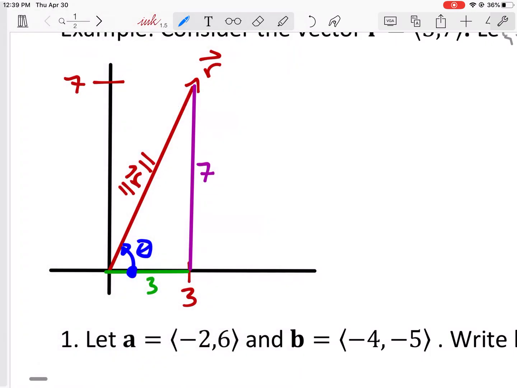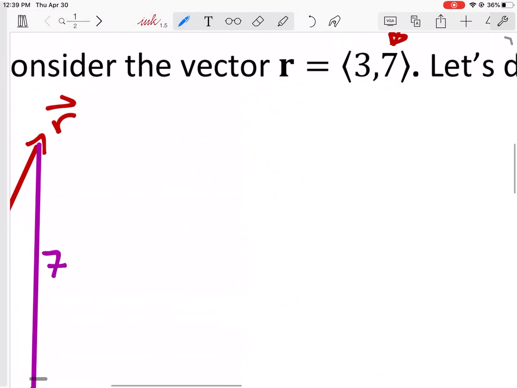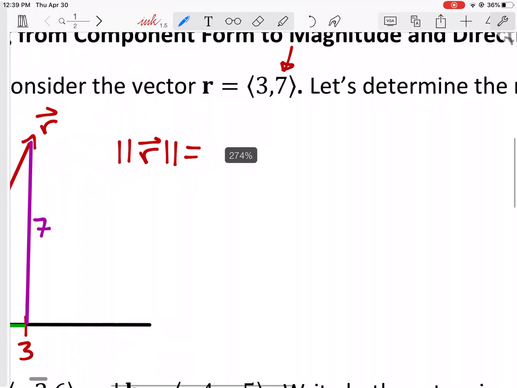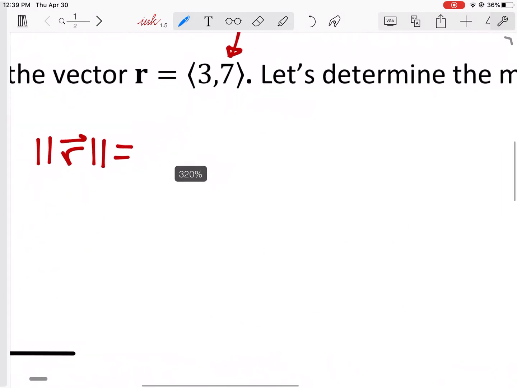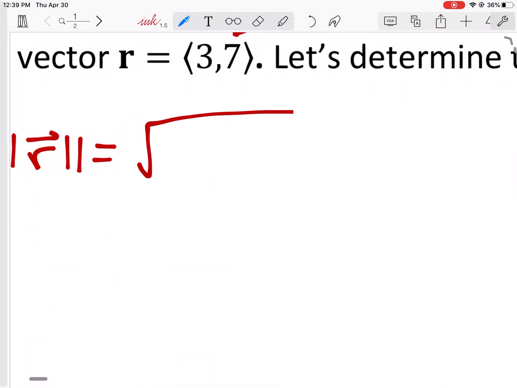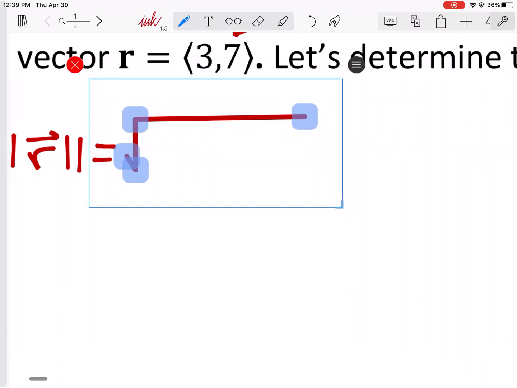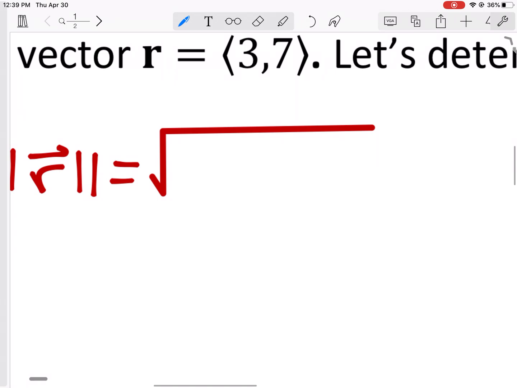So just like with polar coordinates, we want to figure out what those are. We know how to figure out the magnitude really easily. Magnitude is given by, we came up with this formula from the Pythagorean theorem. You can just do the Pythagorean theorem over and over again, but really, we'll just end up with the square root of the sum of the squares of both components.